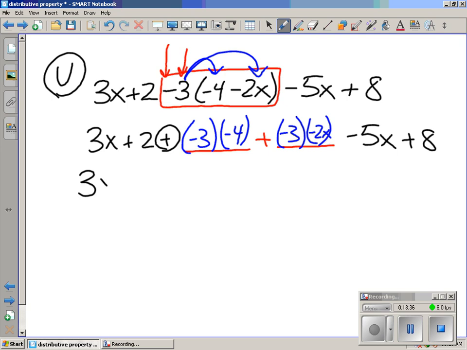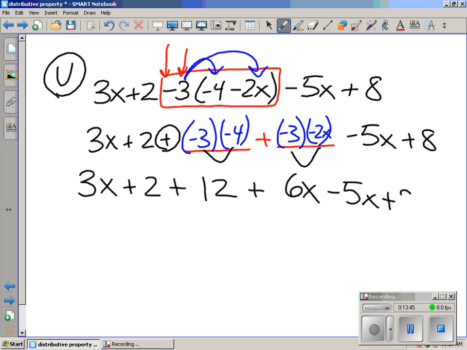Let's multiply. We get 12, and we get 6x. And then we'll start to combine like terms. 3x, and actually, let's do this, it'll be easier. 6x minus 5x, we're left with 1x, then 1x plus 3x is 4x.